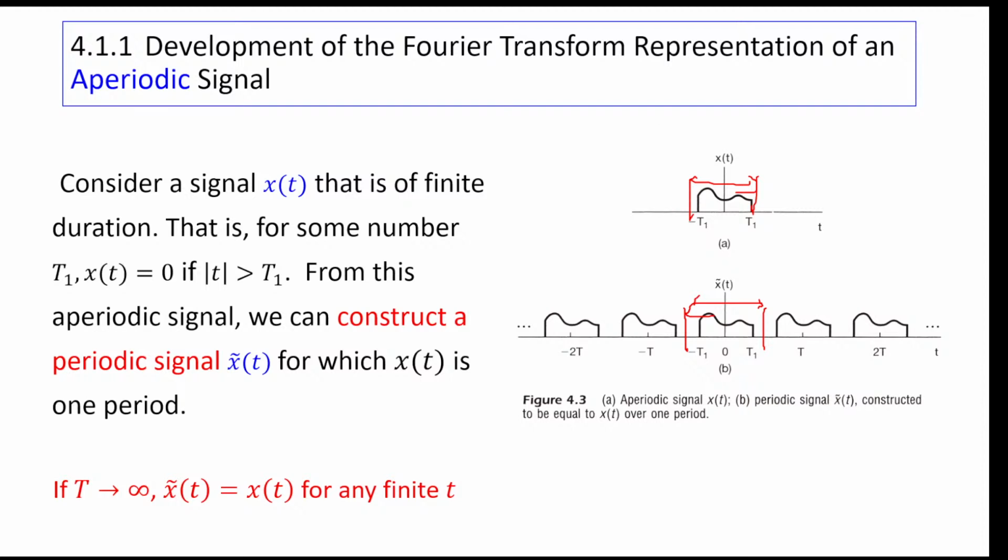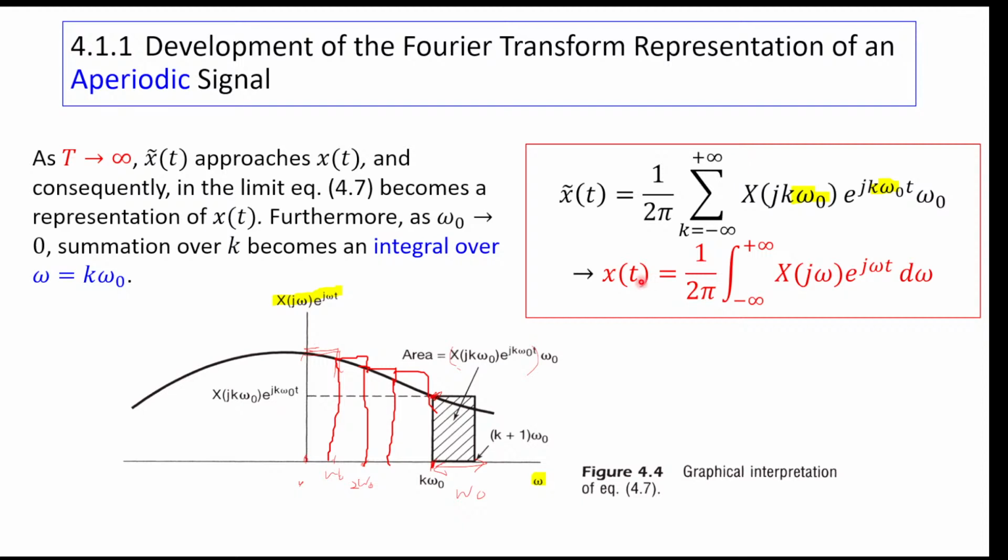So x tilde of t will look like x of t. That was the left hand side. On the other hand, we argue that when big T goes to infinity, or omega naught goes to 0, this side should become an integration, this integration of X of j omega e to the j omega t.